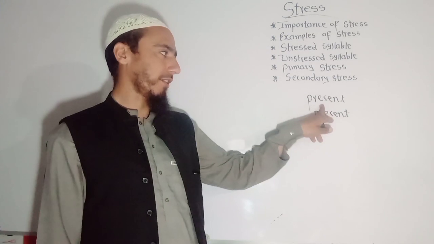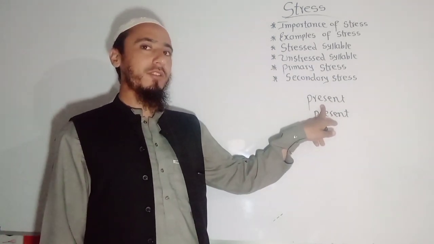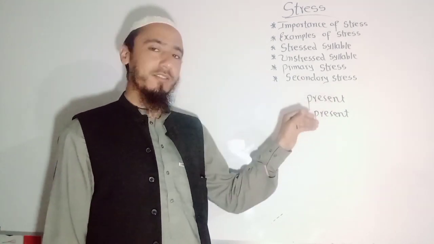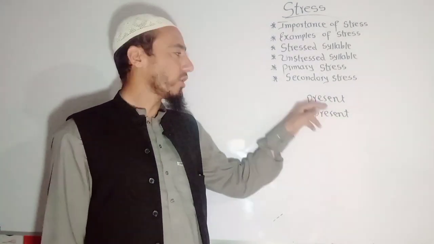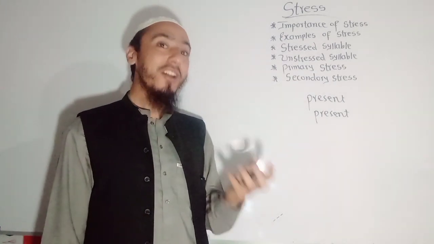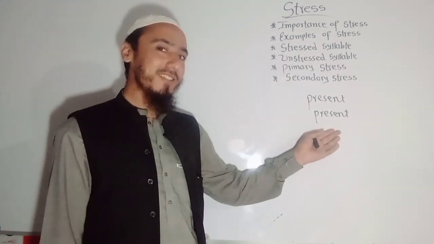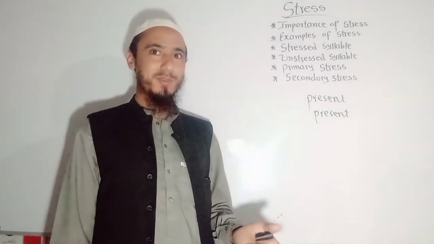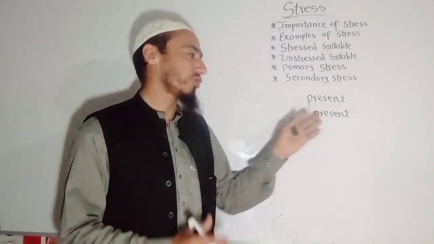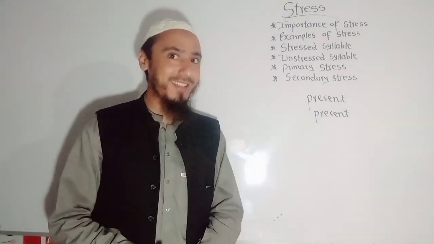For example, if I say present and present. When I say present, it is a noun, but if I say present, it is a verb. I think it will be very clear when I try to use them in sentences.